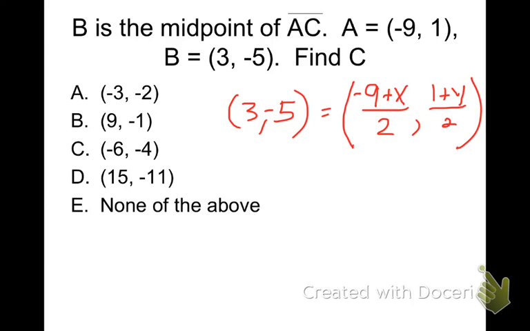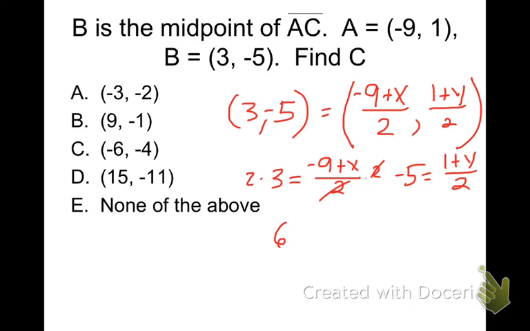So we have two separate equations to solve. We have the x-coordinate equation, 3 equals -9 plus x over 2. And then we have the y-coordinate equation, -5 equals 1 plus y over 2. Multiply both sides by 2, cancel the 2's here, and 6 will be -9 plus x.